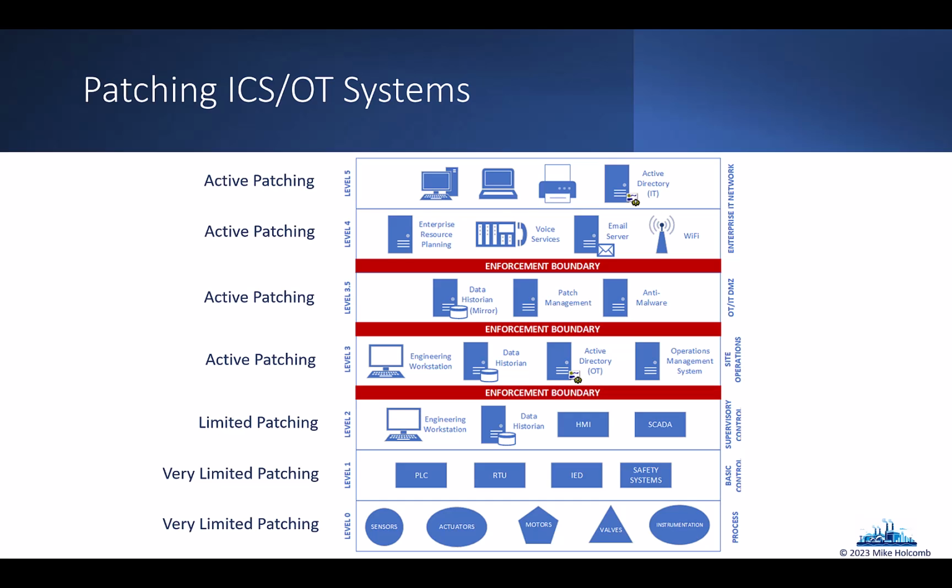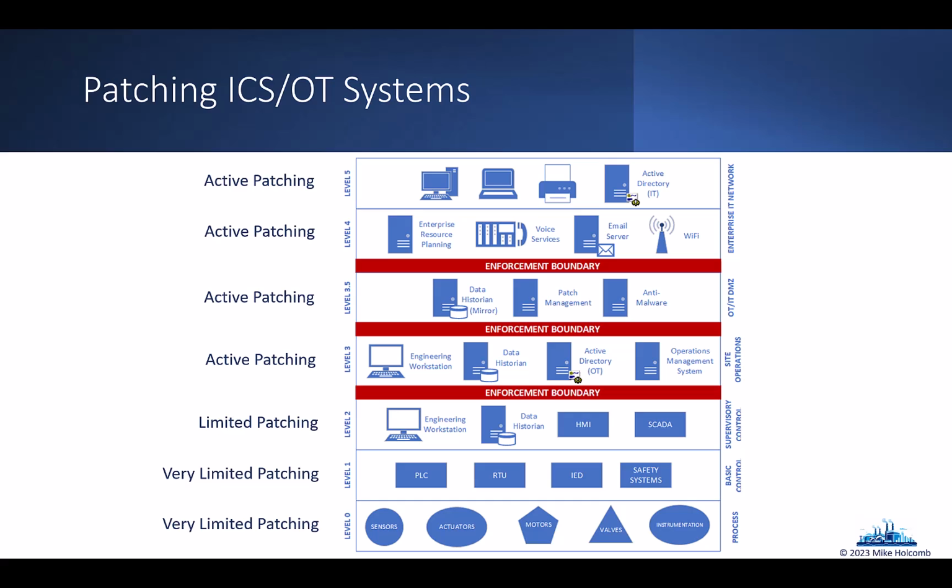This looks pretty similar to that Purdue model we were looking at for where we do active and passive scanning. With active patching, where we're patching as quickly as we can, it's going to happen in IT. And remember, in the IT OT DMZ, if those are all Windows hosts, and safety doesn't rely on them, and operations from an availability perspective don't rely on them, you know what? Go ahead and patch.